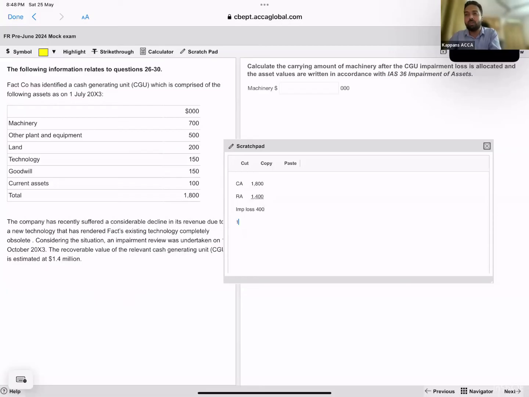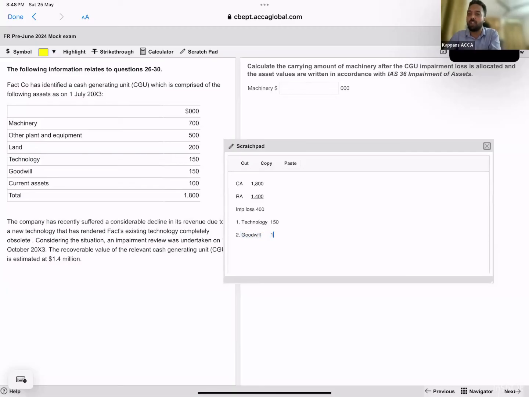The impairment loss will be first allocated to asset damage, and there is technology that has been damaged. The carrying amount of the entire technology will have to be written off because it is obsolete. So 150 will be allocated to technology. Second will be allocated to goodwill, and goodwill is 150,000.